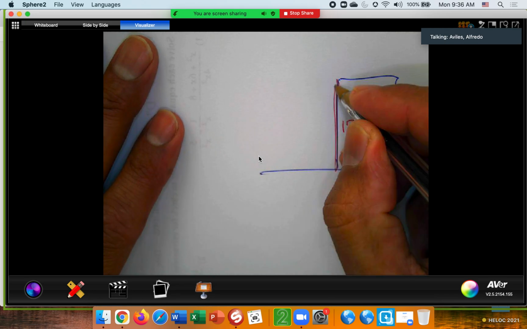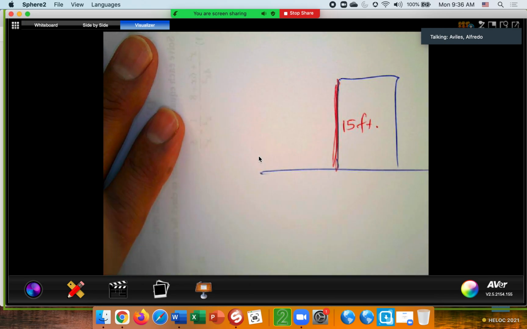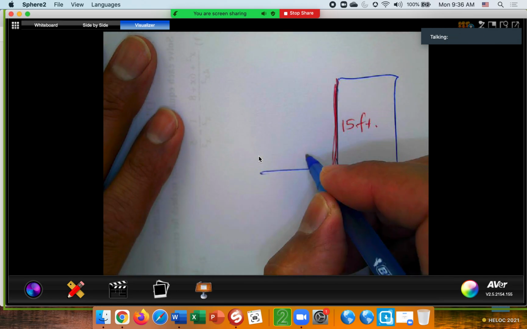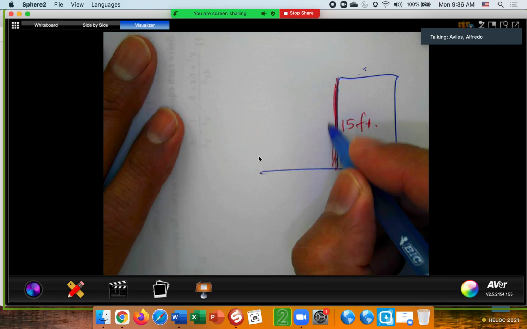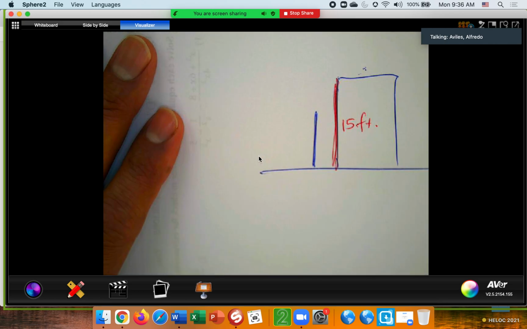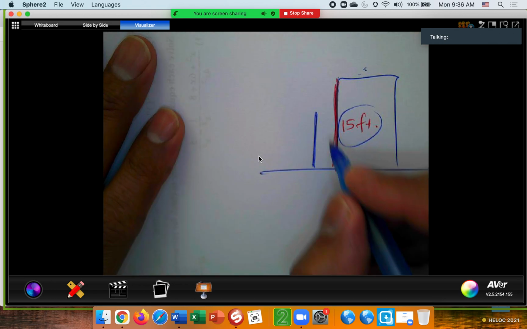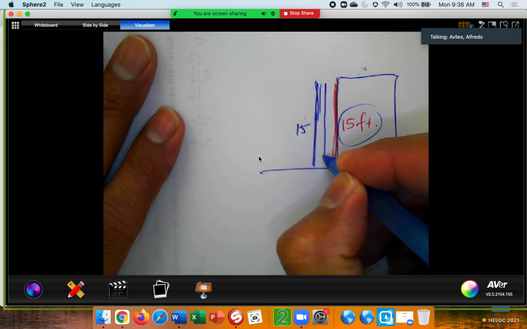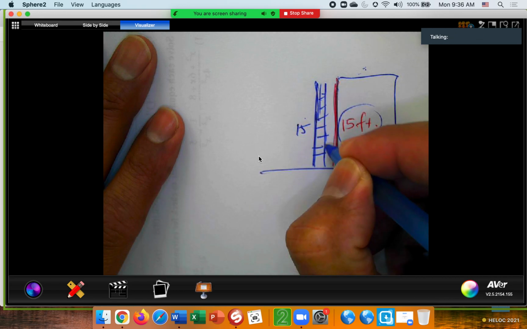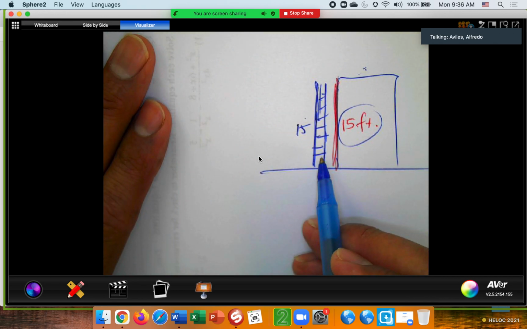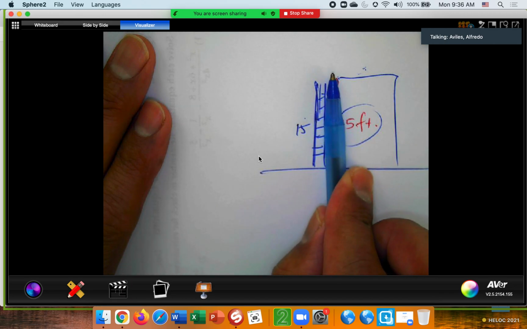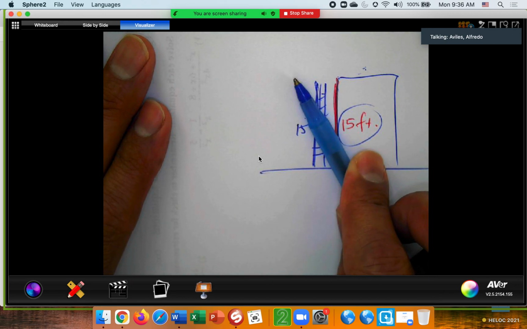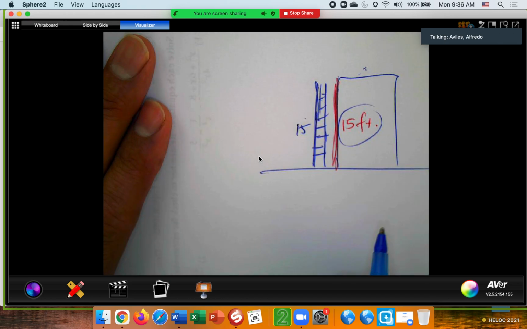I can't use a 10-foot ladder to get up here, right? A 10-foot ladder wouldn't reach. It has to be more than the height. Even if the ladder was 15, you couldn't use it, because you can't put a ladder vertically like this. You'll fall over. It has to be longer.